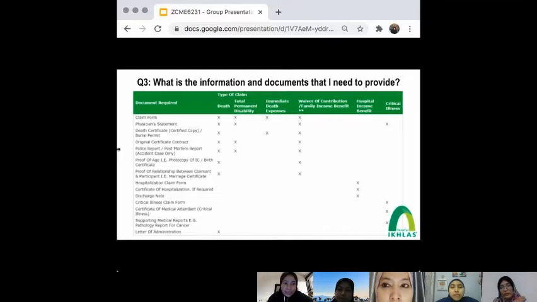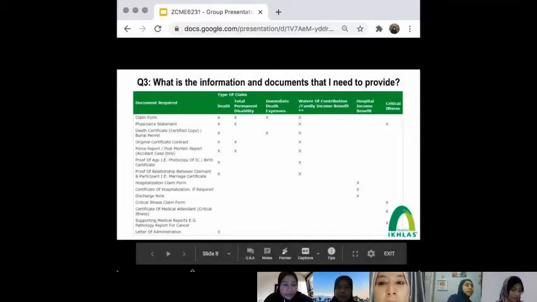It depends from death, total permanent disability or TPD, immediate death expenses, waiver of contribution, hospital income benefit, or even critical illnesses.